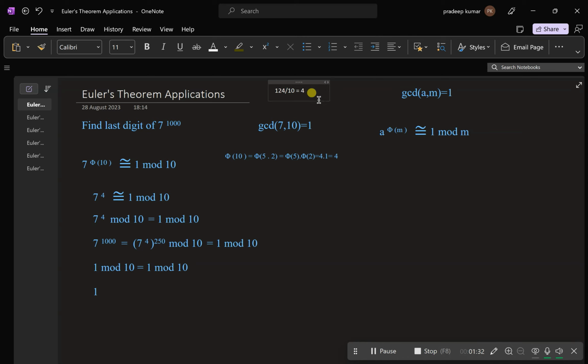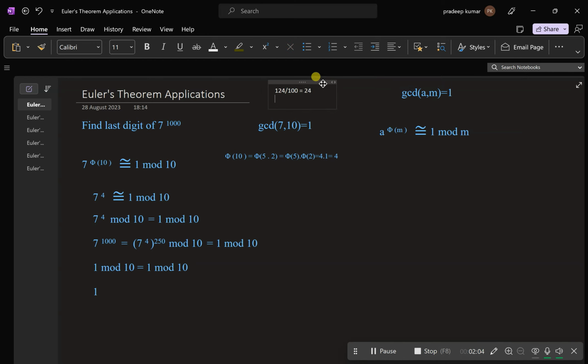And if you want the last two digits, instead of dividing by 10, we divide by 100 and take the remainder. If we divide 124 by 100, the remainder is 24, so the last two digits are 2 and 4. The same principle we are going to apply here.